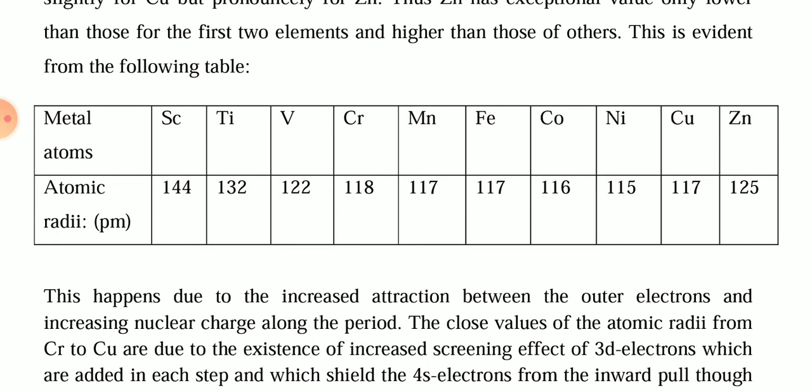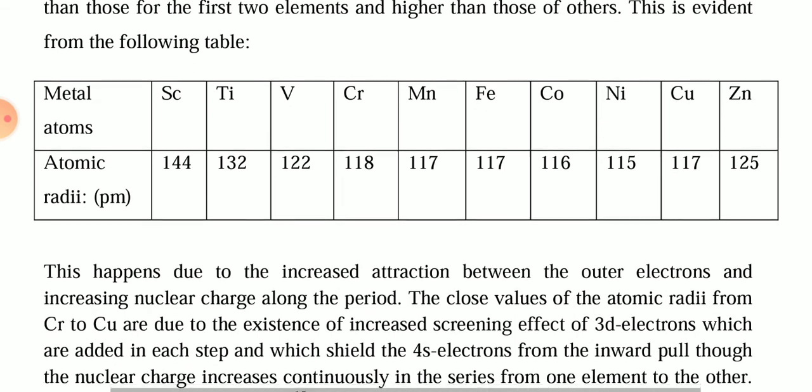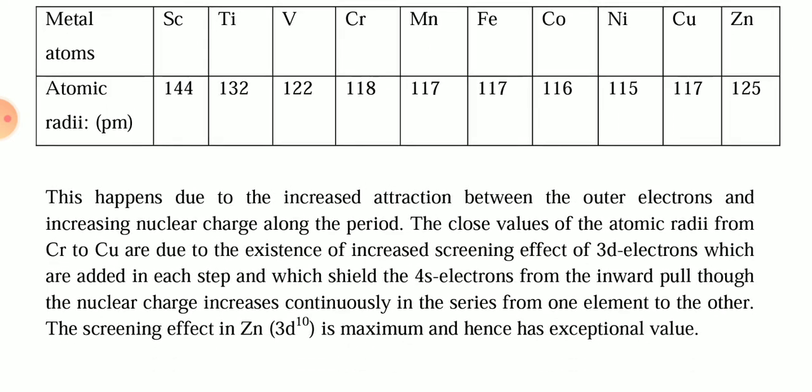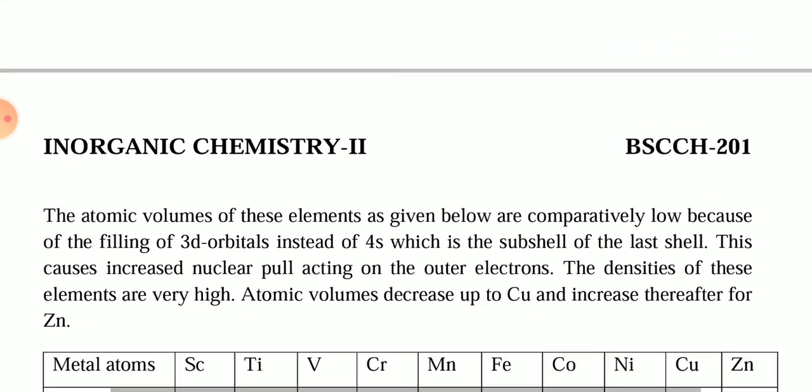If you go left to right, the radii decrease. It happens because of the outer electrons and the increase in nuclear charge along the period. If the period changes, the electron numbers change, so the atomic radii also change.